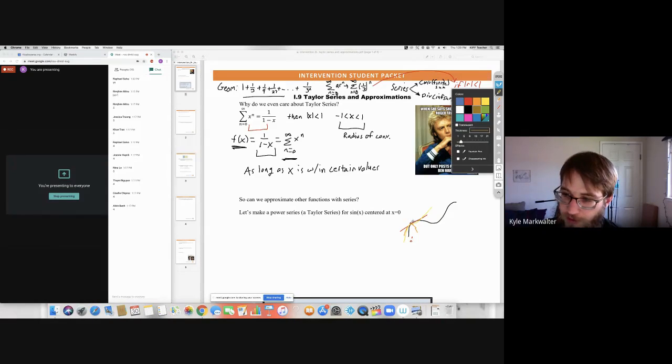A bunch of derivatives could approximate this curve right here pretty well within some range of x values. Just like up here, this series worked within some range of x values. I could make a series using a bunch of derivatives that would be pretty close to this curve within some range of x values, the radius of convergence.